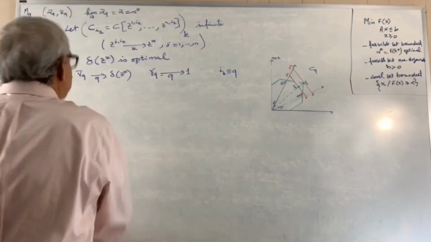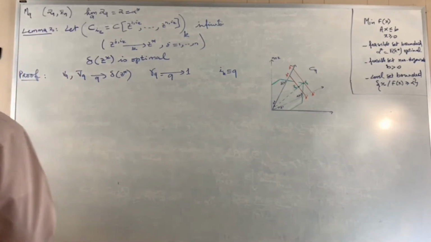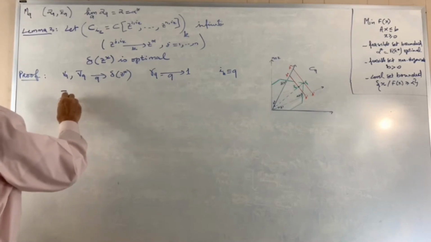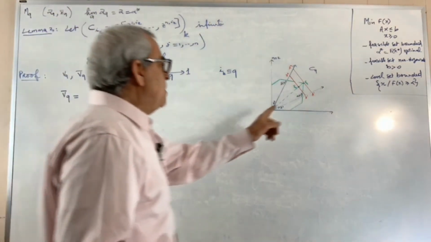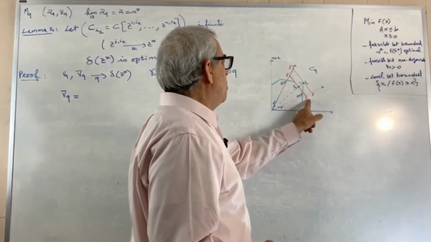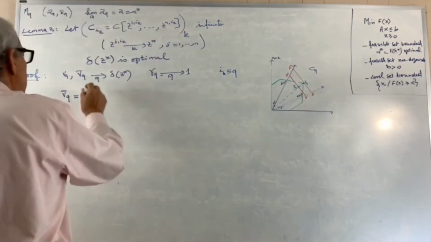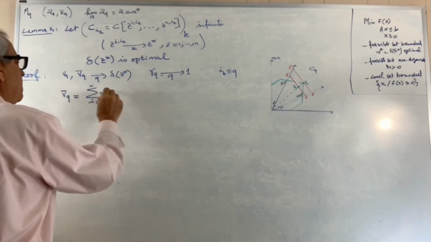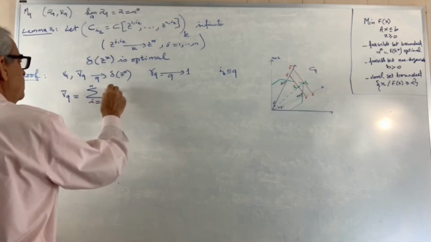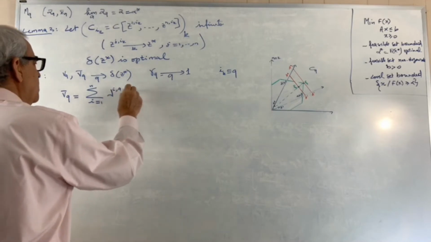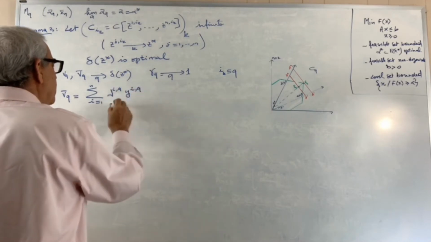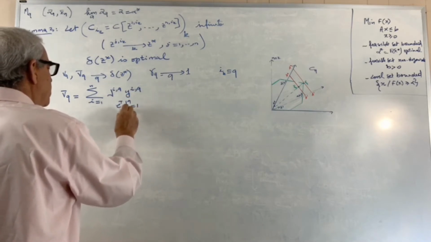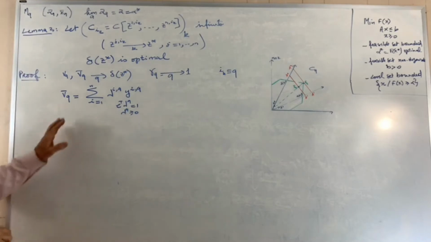Now, so v bar q, as in lemma 1, we said it belongs to the convex hull of the y. So this is equal to the sum for i equal 1 till n of lambda_iq y_iq, and e transpose lambda_q equal to 1, lambda_q greater or equal to 0, right?